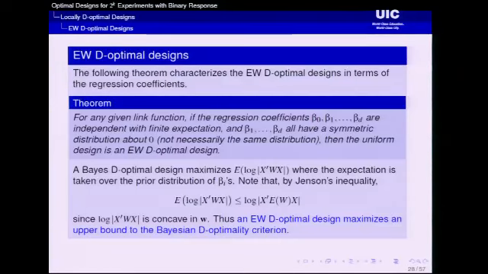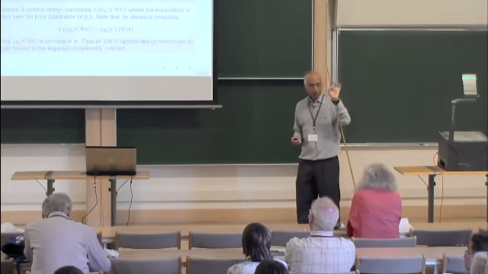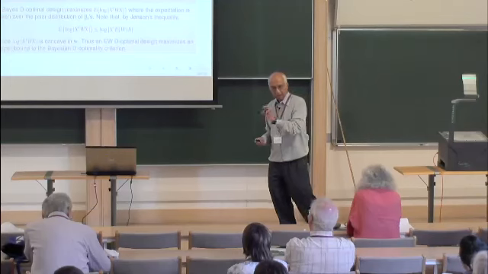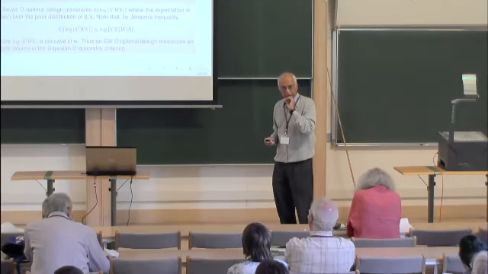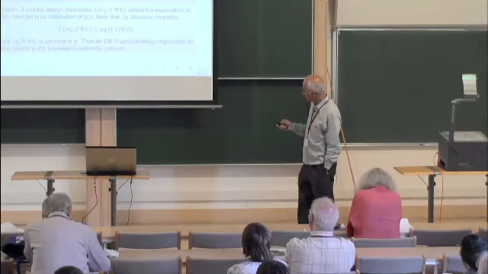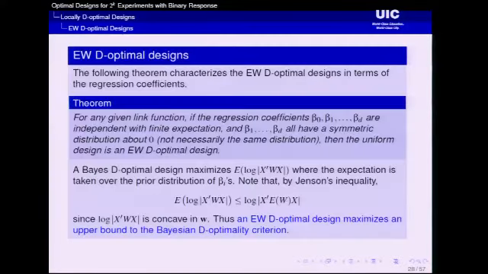So this is exactly the criterion for our EW design, because the expectation can be brought in here. Remember, W is a diagonal matrix with the w_i's, which are the information at each point, multiplied by the p_i's. So this just means that you take the expectations along the diagonals.